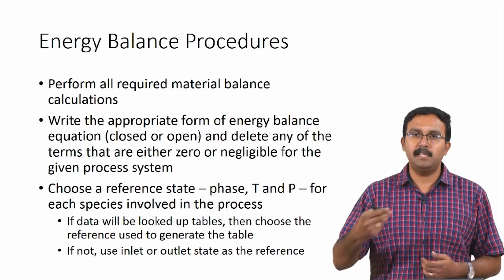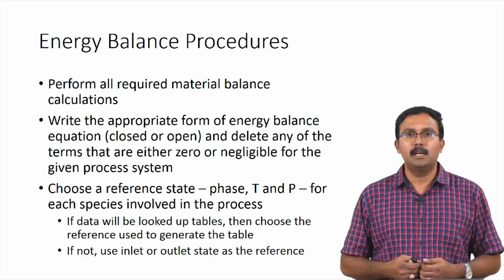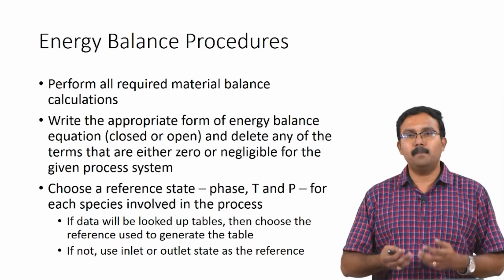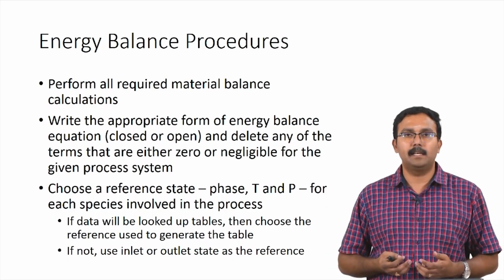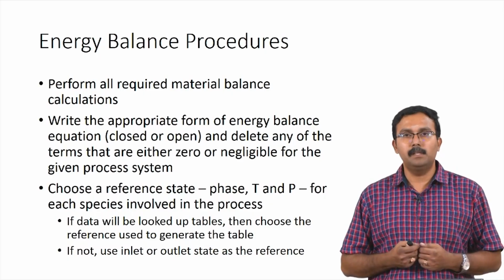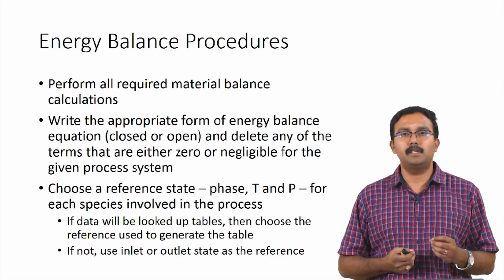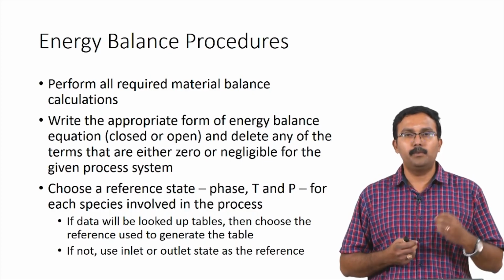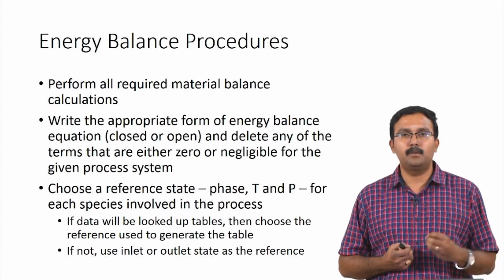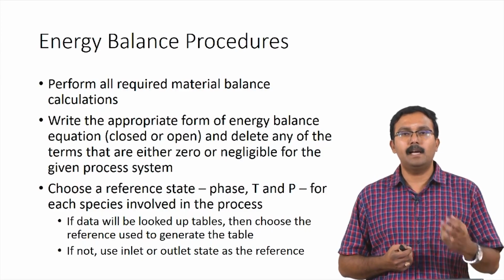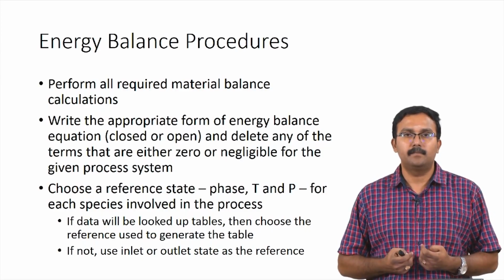For example, if you have steam as one of the components in the process, you would be smart to use steam tables rather than perform calculations every single time. So, to use steam tables, you would have to use the appropriate reference state which has been used in the steam tables you are using. If you were to use the steam tables from Felder-Rousseau, you would use water liquid at triple point as the reference state.